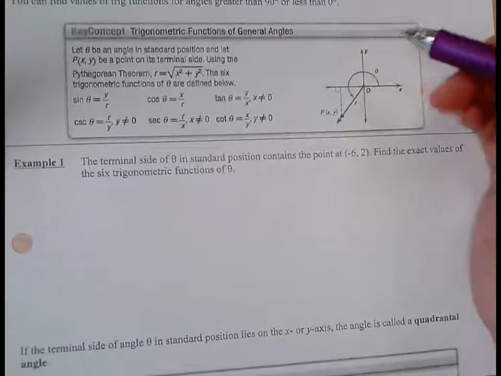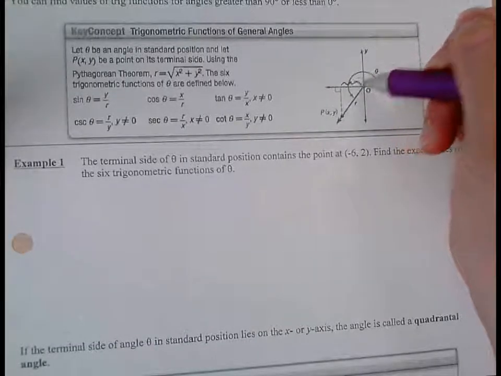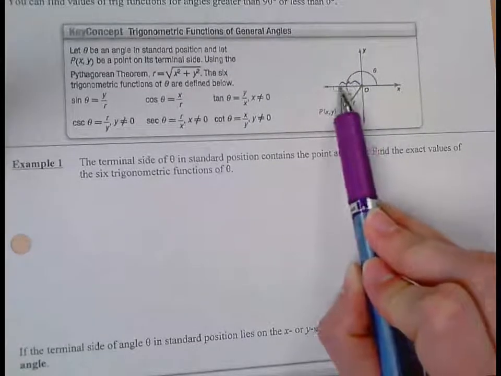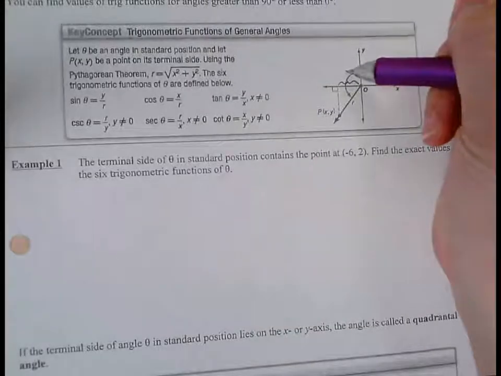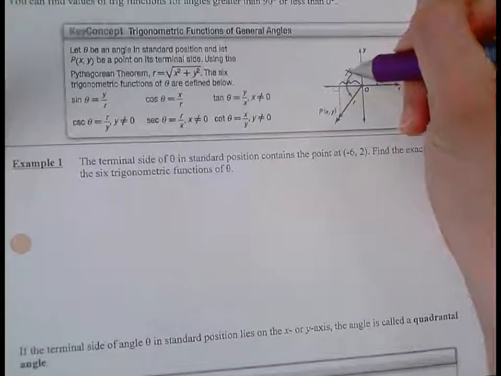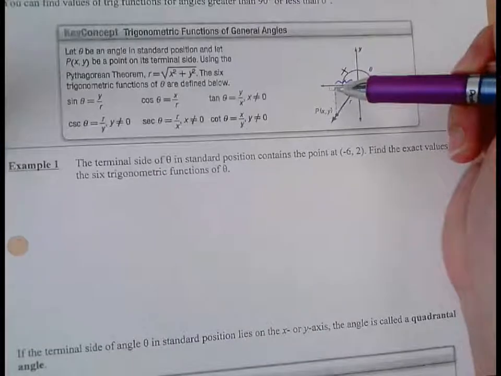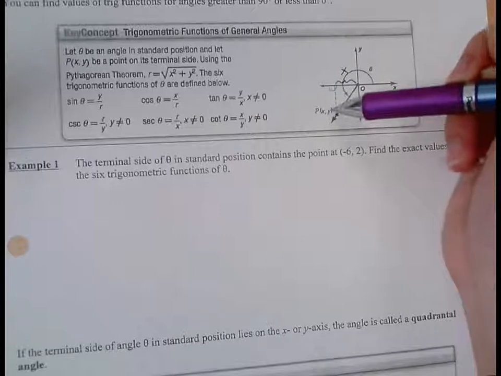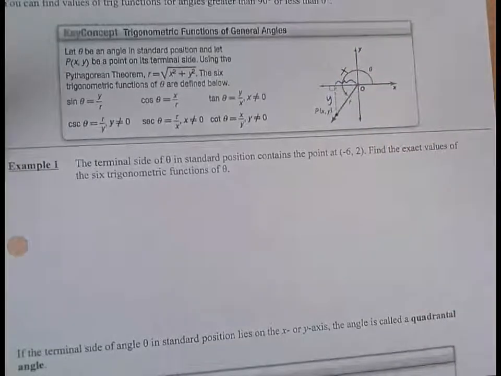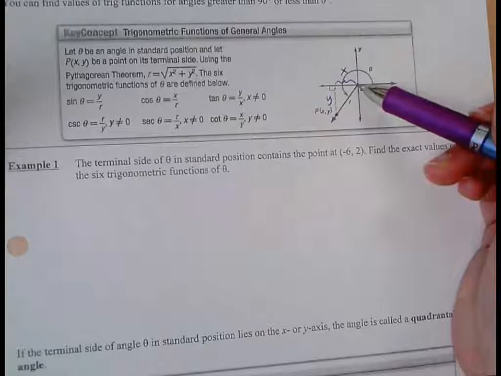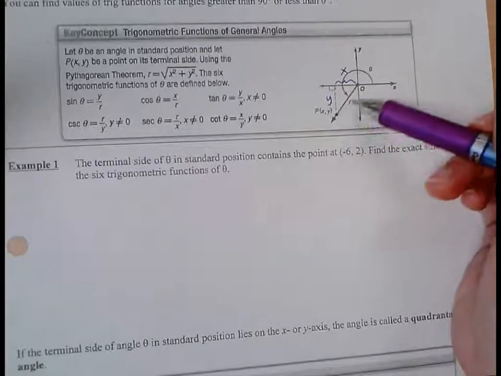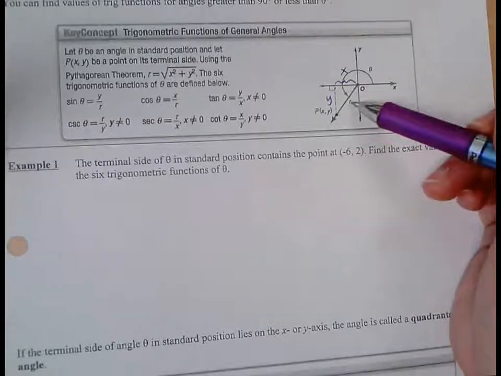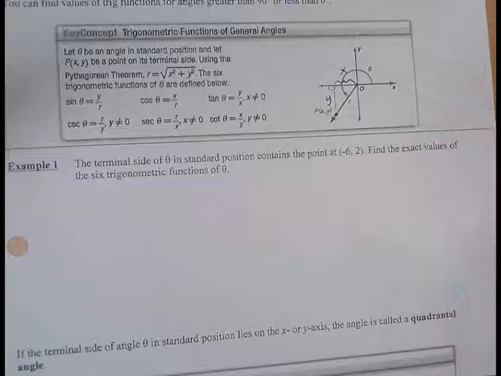So you would have this side here. The length of that side would be the length from the origin to whatever that x-coordinate is, so that length would be the distance of whatever your x-coordinate is. And then this vertical length is from the x-axis down to that point. That is the distance of whatever your y-coordinate is. And then they're calling the terminal side, the length from the origin to that point, r.